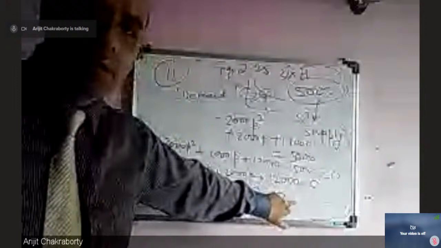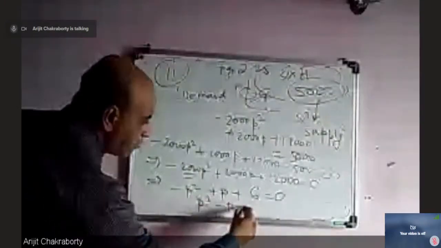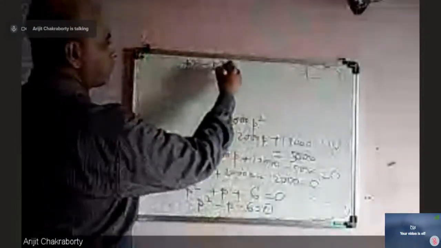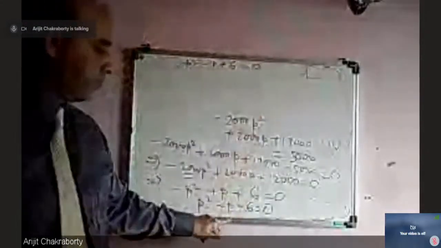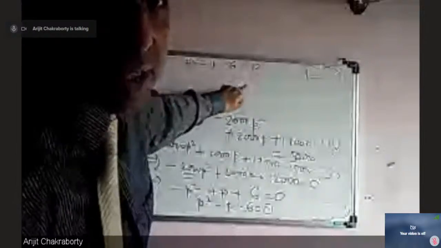If you change the sign, this will become P square minus P minus 6 equal to 0. Sorry, I said plus earlier, this is minus 6.